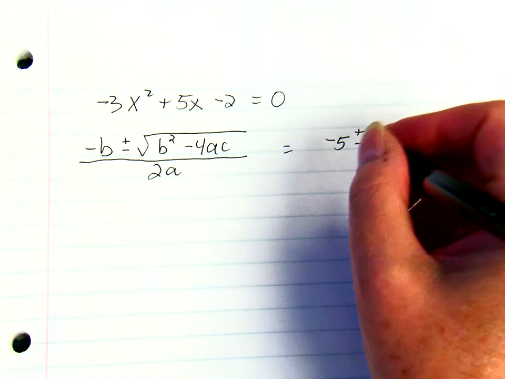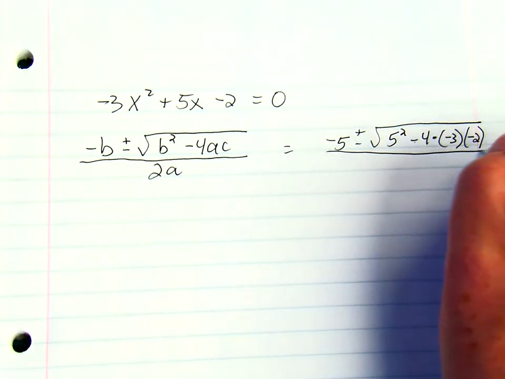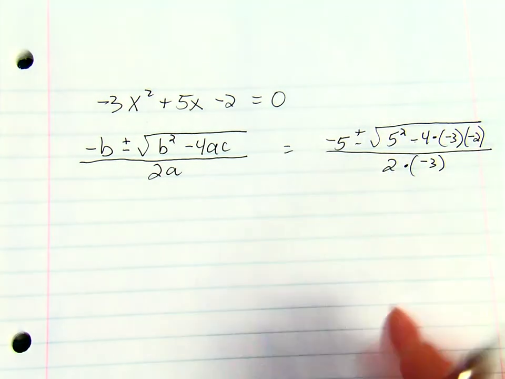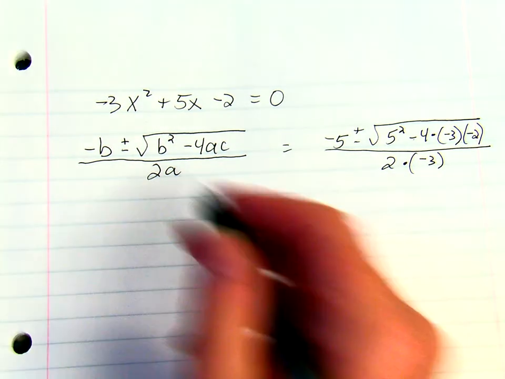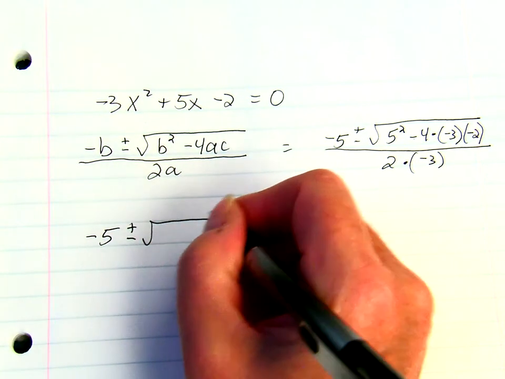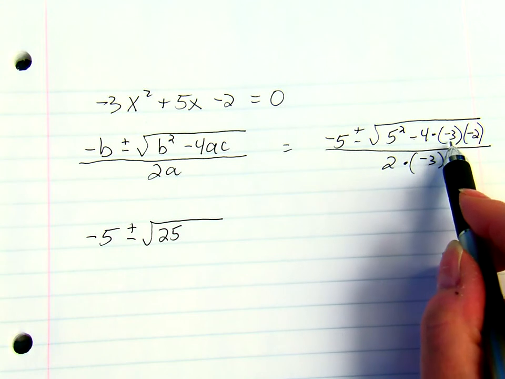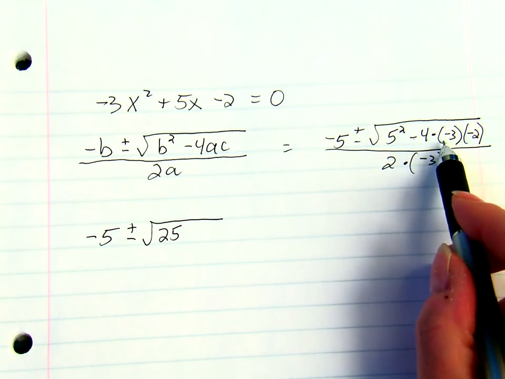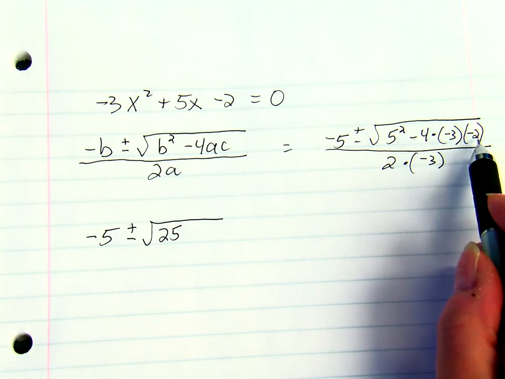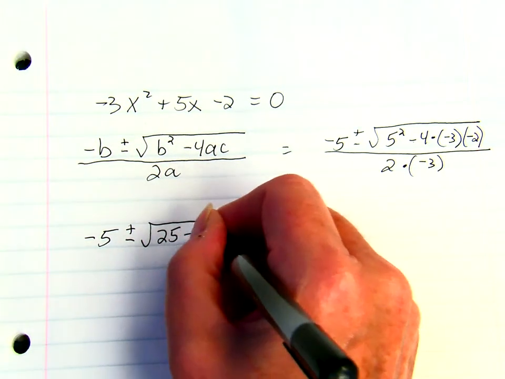Got 3 negatives there. Know what's going to happen. And then all over 2 times the negative 3. So negative 5 plus or minus, and this is going to be 25 minus 4 times negative 3, which is negative 12, times 2 is going to be a positive 24, so minus 24.